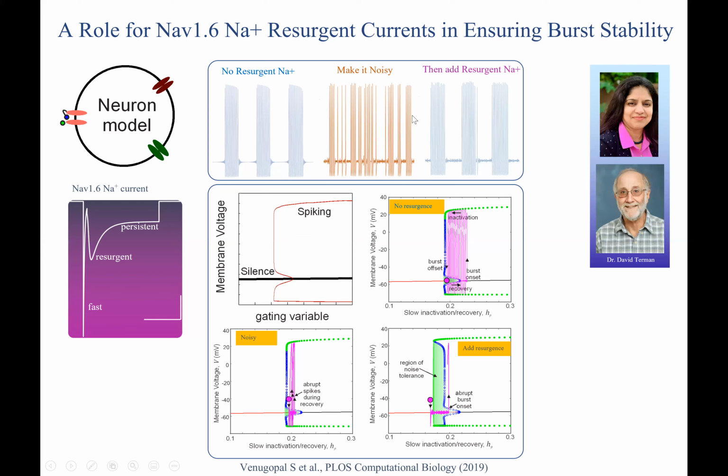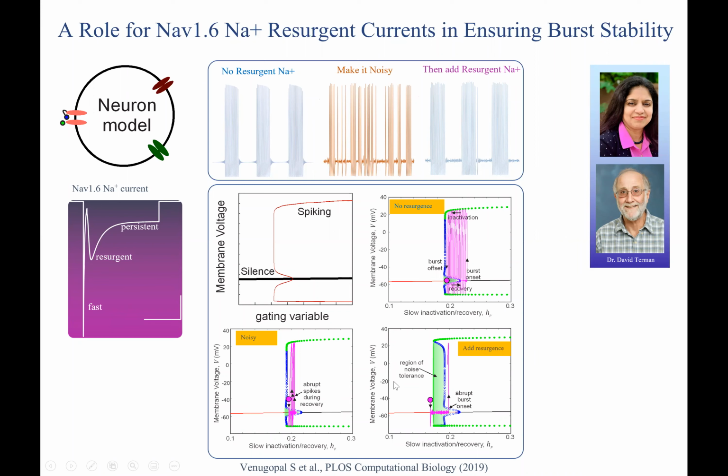Then we added the model current that we had built. Notice how the inclusion of this resurgent sodium current actually fixed the irregular pattern that we saw here. And this is a beautiful explanation of how this happens. I won't take you through the whole details of this.